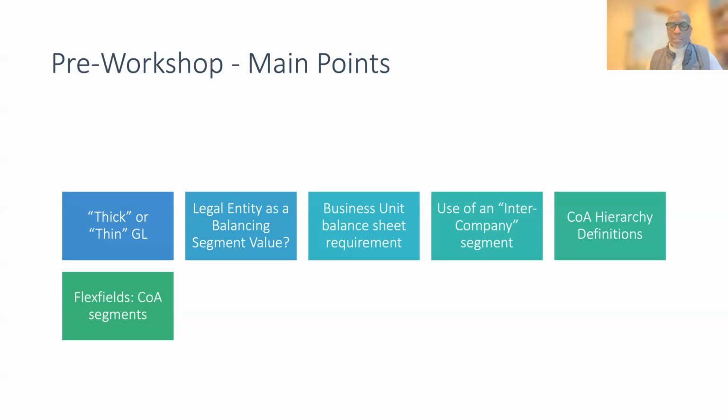So think about that. Instead of having data in your GL, you may decide that you want to keep the data in your SLA supporting reference and report from there. Again, when we get to SLA, I'll speak a bit more about that, which is subledger accounting.